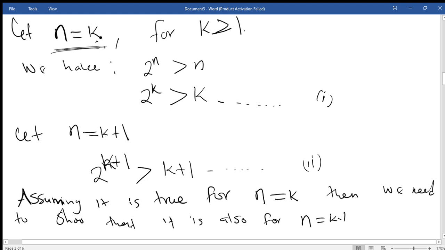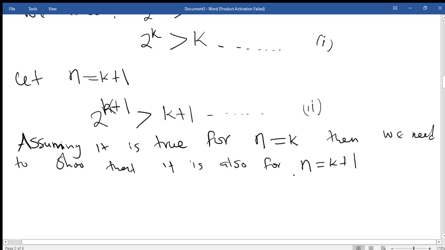This is the statement we are going to write there, because this process is an inductive step, and the inductive step is the one which leads us to our solution to prove that the formula is indeed true.